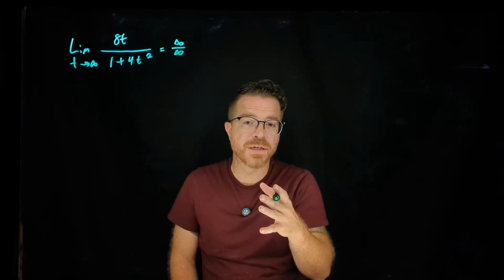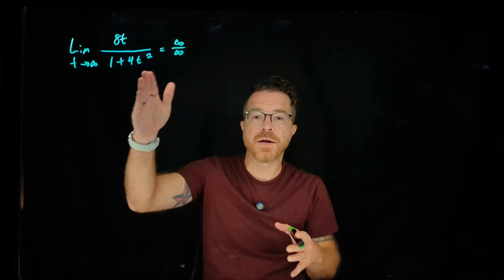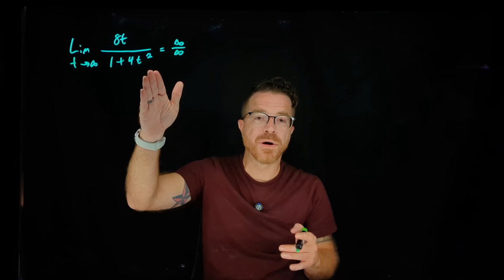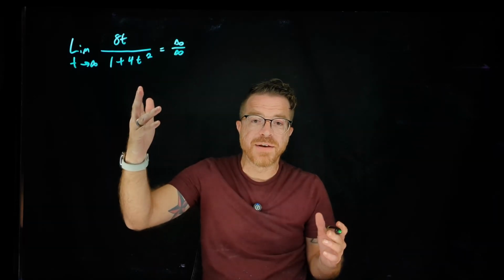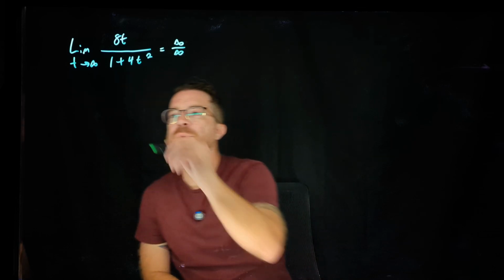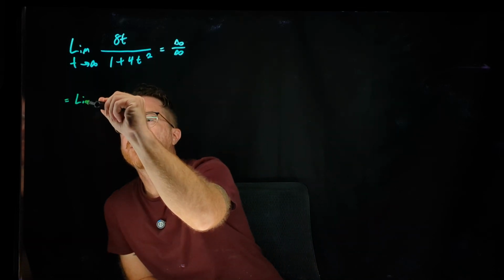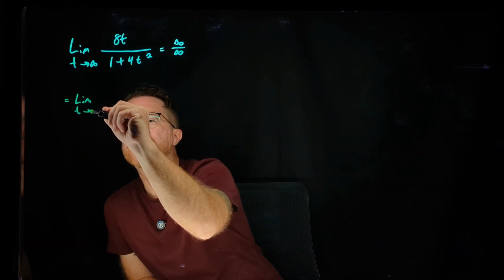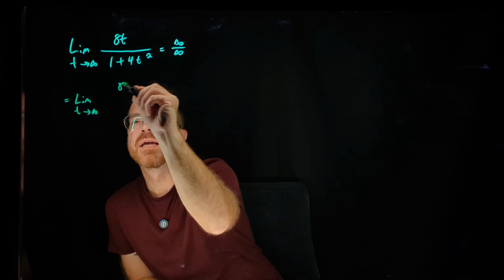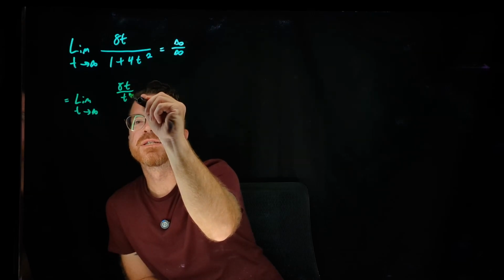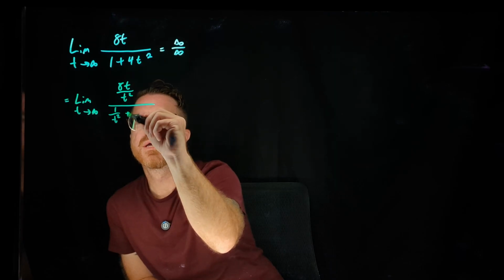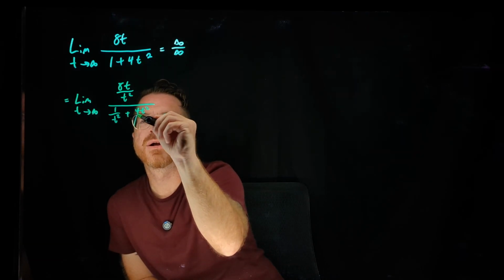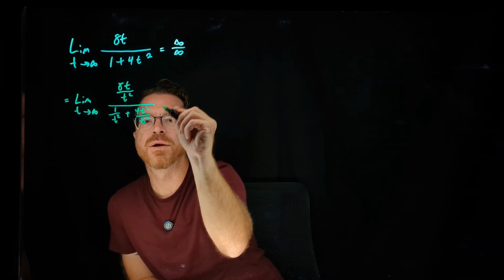Our first trick we talked about was dividing the entire thing by the highest power of whatever parameter we're looking at, in this case t. Divide everything by t squared. So this would be the limit as t approaches infinity of 8t over t squared, divided by 1 over t squared, plus 4t squared over t squared.